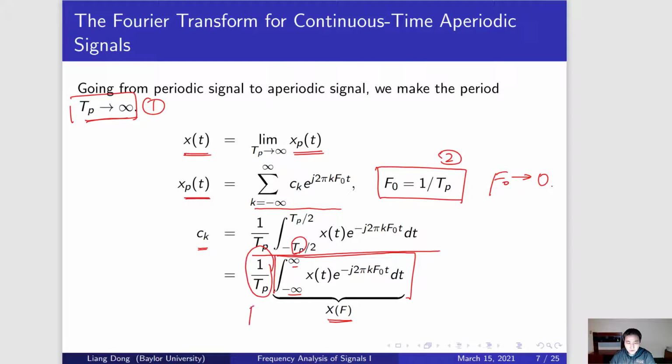Well, however, if I put a 0 here, it's not going to show me anything. So I need to do something smart. Instead of 0, I can write this as a very small delta f, a small step. As my step size becomes smaller and smaller, eventually that will give me df.